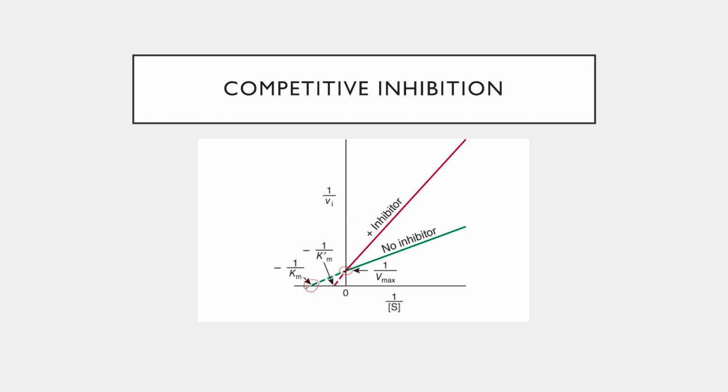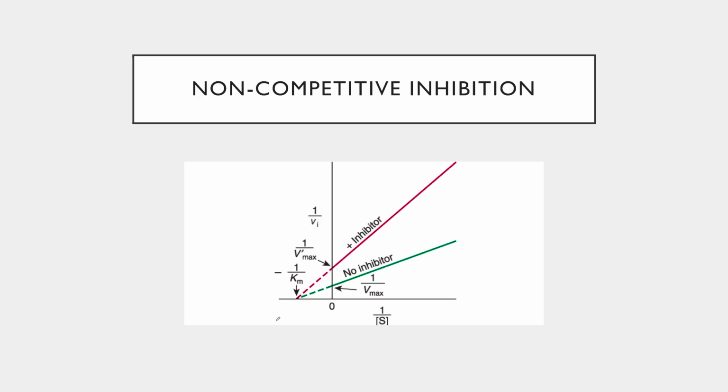If we remember, the addition of a competitive inhibitor will change the Km with no impact on the Vmax. This becomes very apparent. With the addition of a competitive inhibitor we see no change in the y-intercept, again consistent with no change in Vmax, but it does change the Km by increasing the apparent Km of the enzyme. And that's shown here by a shift in the intersection of our kinetic line with the x-axis.